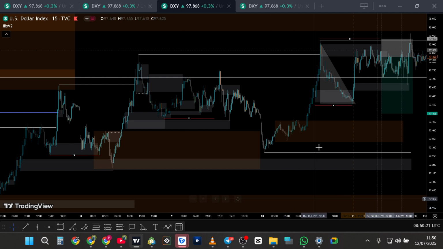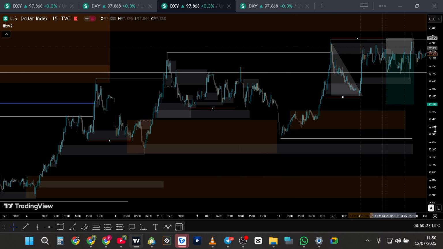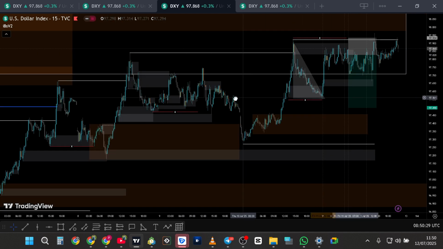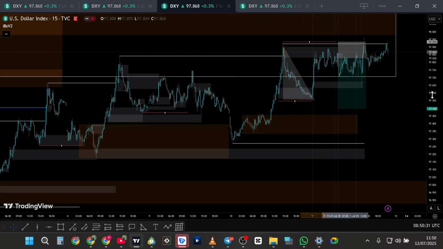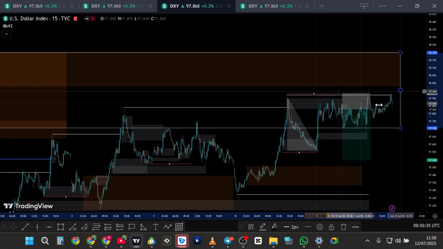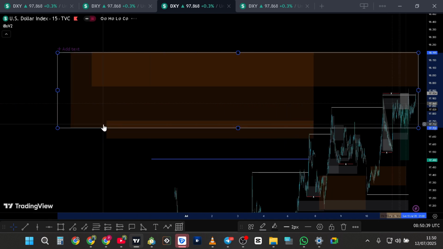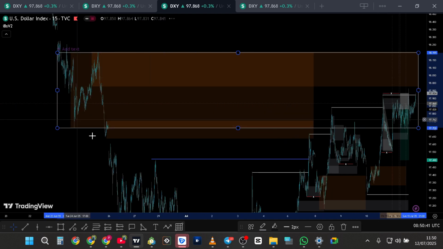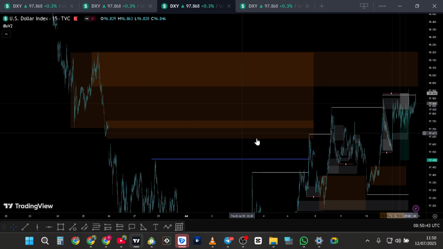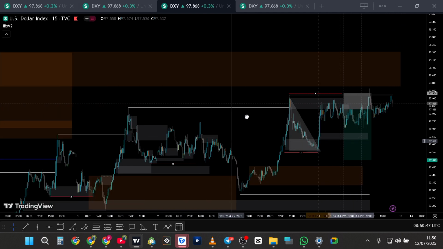So on the 15 minutes also, we can see that yes, we are on an uptrend, and remember that daily range that we talked about, right here is the 4 hour. I don't know why it has not appeared on the 4 hour, but it has appeared on the 15 minute. So allow me to remove it, because we have it now in our minds. And yeah, let's continue.